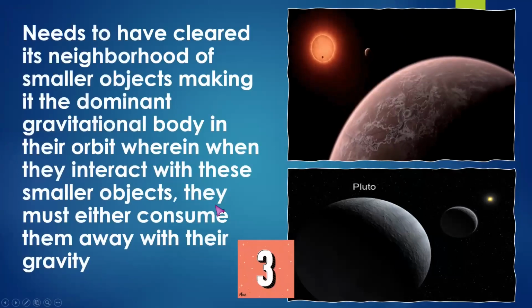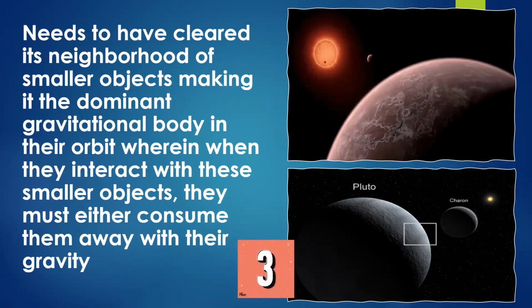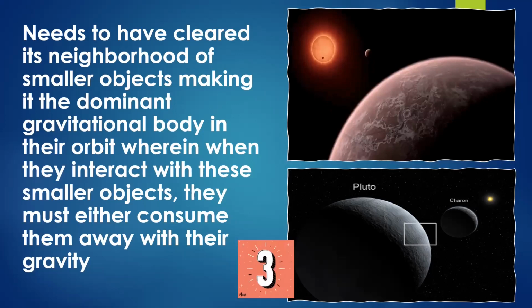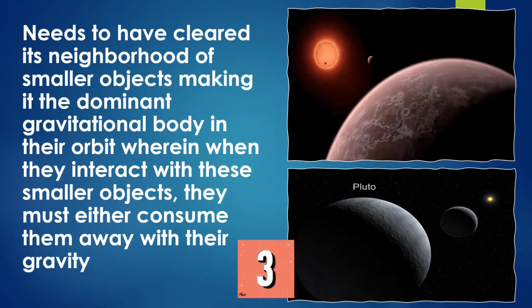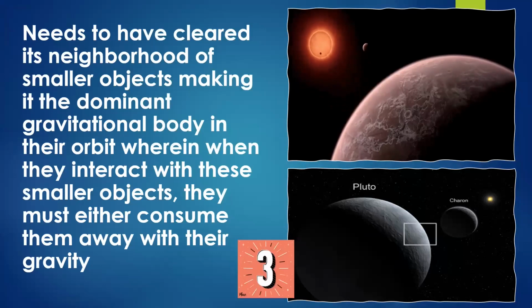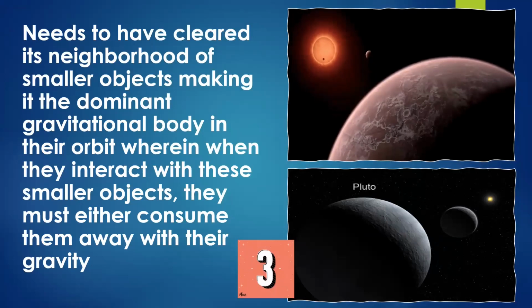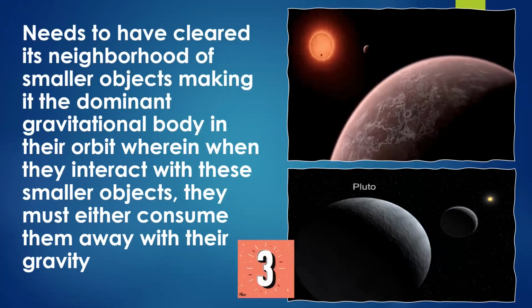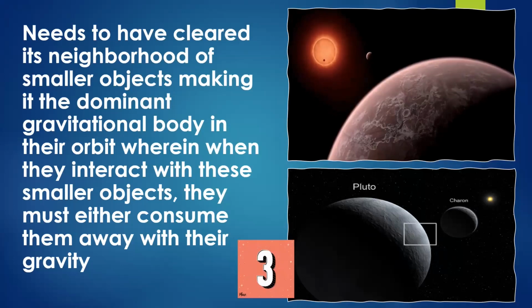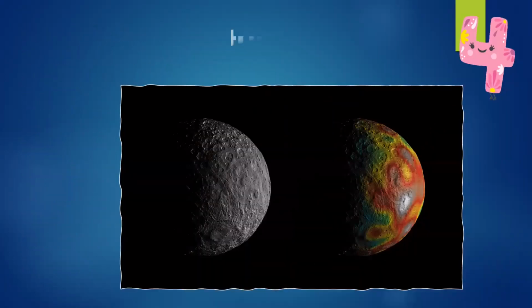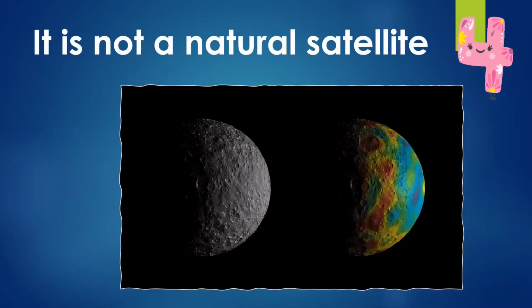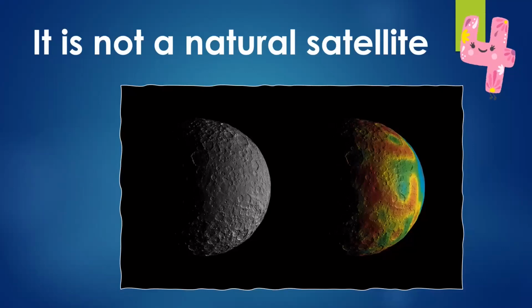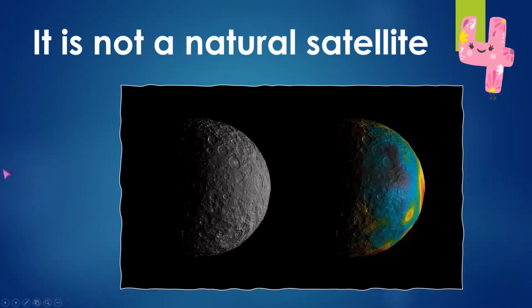Number three, it needs to have cleared its neighborhood of smaller objects, making it the dominant gravitational body in its orbit, wherein when they interact with the smaller objects, they must either consume them or send them away with their gravity. Aside from that, a dwarf planet is not a natural satellite. It's different from moons or natural satellites.